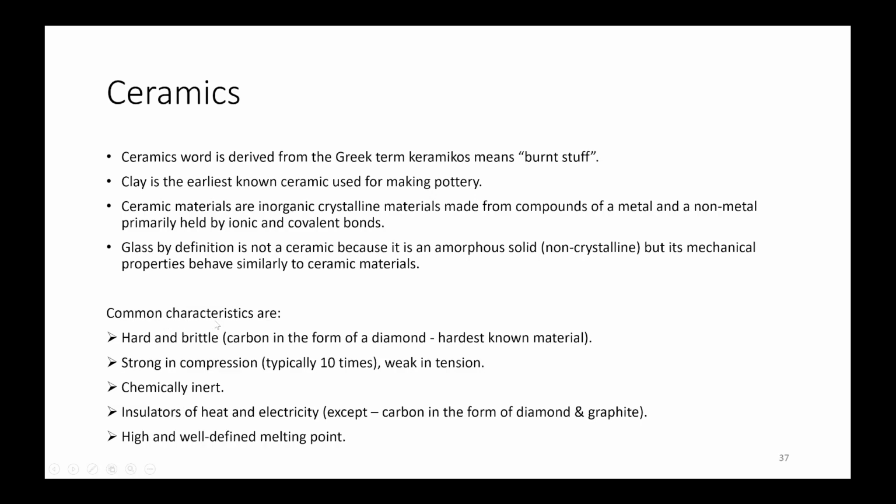Now, some common characteristics: ceramics are hard and brittle. For example, carbon in the form of diamond is the hardest known material. They are strong in compression, typically 10 times what they show in tension, and weak in tension. They are chemically inert because they are already in an oxidized state.